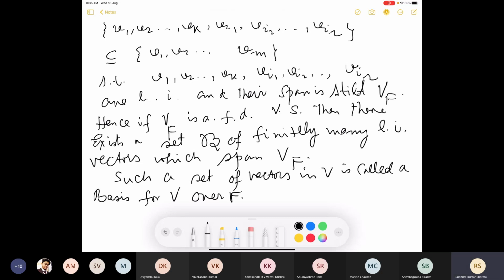So what is a basis for a finite dimensional vector space V over F? It is a set which consists of finitely many vectors.